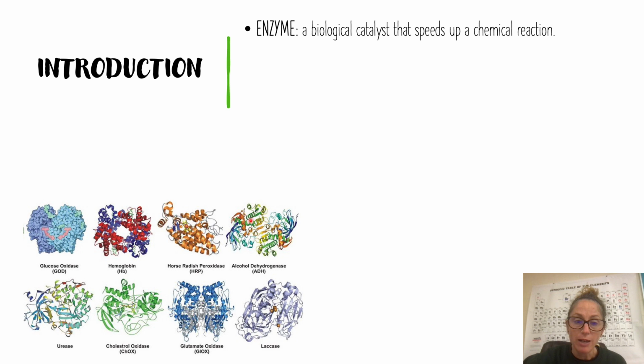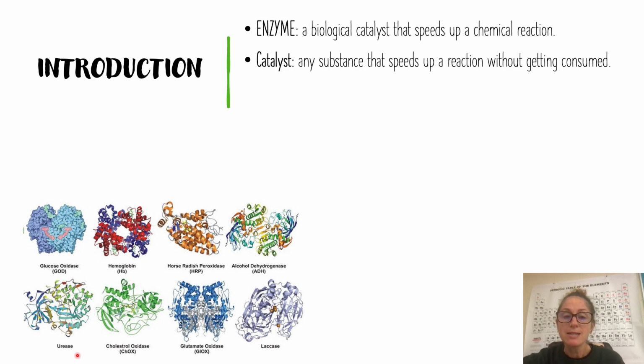You can see them a lot in these ones. This is alcohol dehydrogenase, which is breaking down alcohol in the cell. Urease is important in urine production. Just go through and look at them. You are not expected to know these in any way. I'd just like to show you their 3D structures.